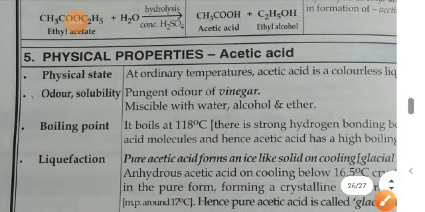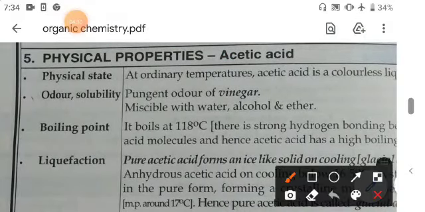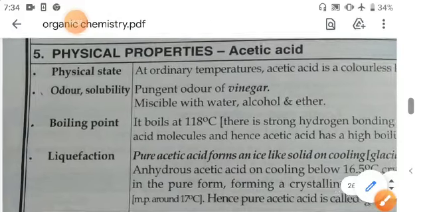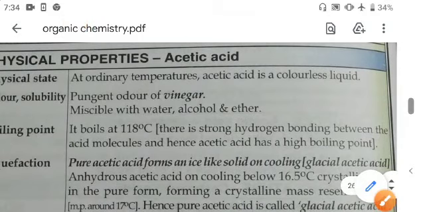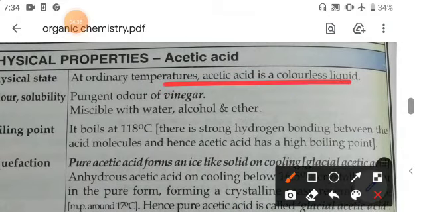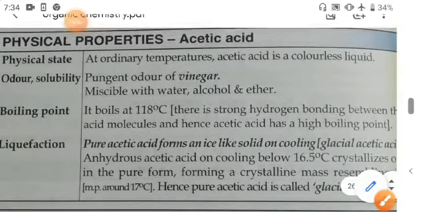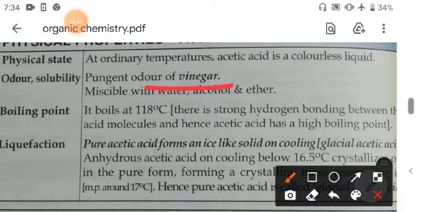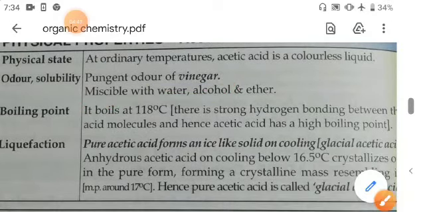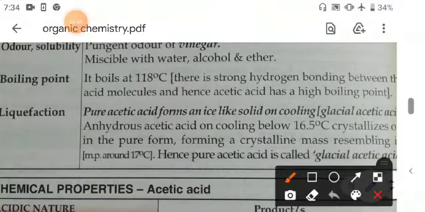Now physical properties of acetic acid. Acetic acid, CH3COOH, at ordinary temperature is a colorless liquid. Regarding solubility and odor, it has the pungent odor of vinegar and is miscible with water, alcohol and ether. Its boiling point is 118 degrees centigrade.